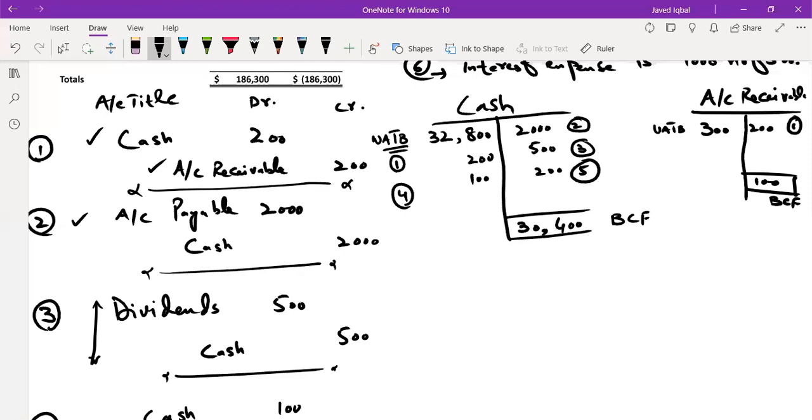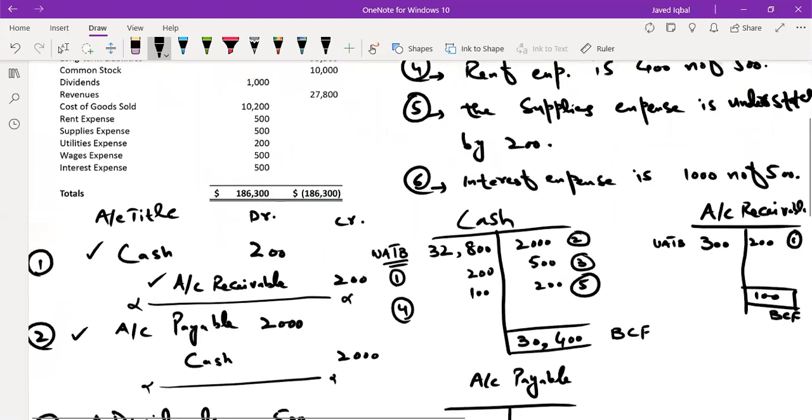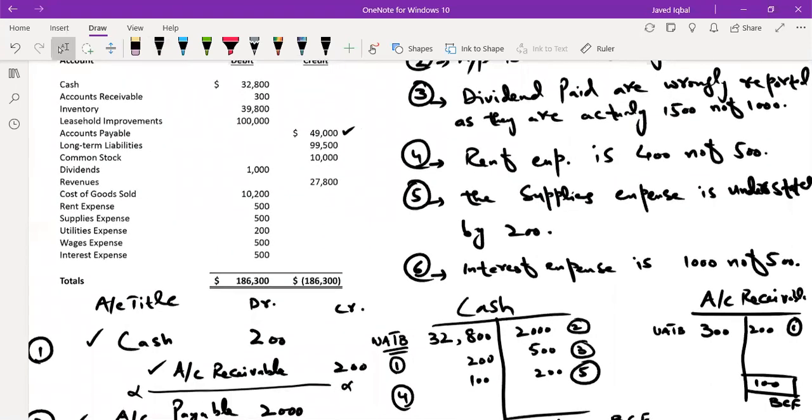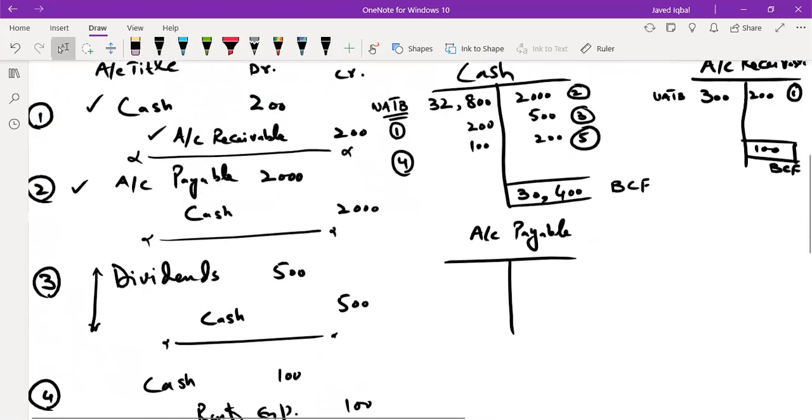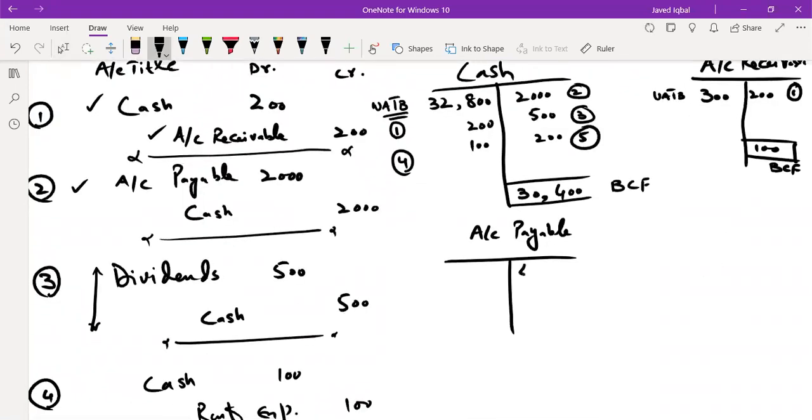Now it's the turn of accounts payable. The opening balance for accounts payable was 49,000, and it needs to go down by 2,000. So it is debited, and the balance carried forward for it should be 47,000. So this is completely done now.